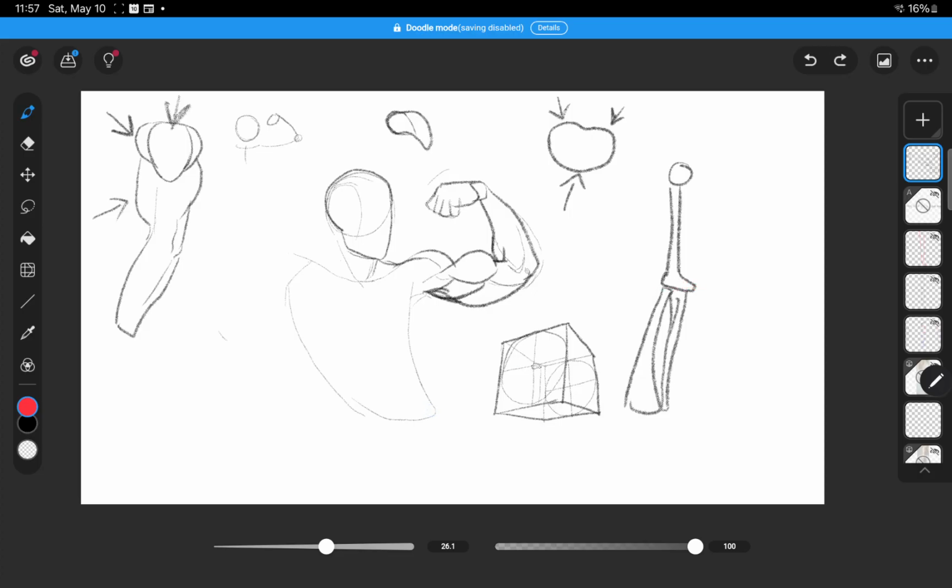So pretend this is the outside and this is the inner side. So it'd be like that. And then you have your arm bones.